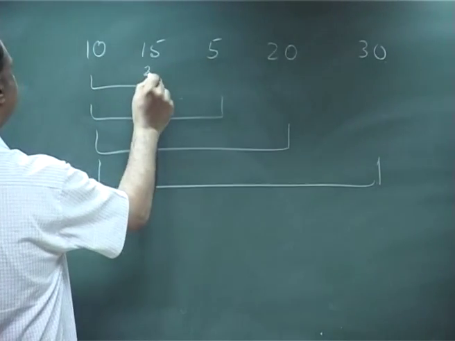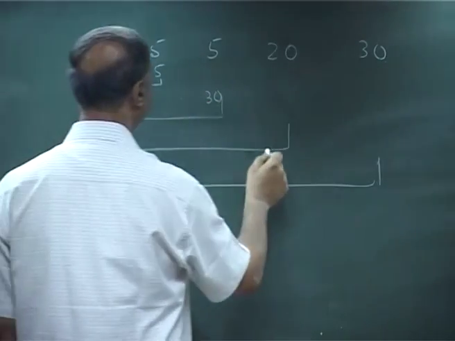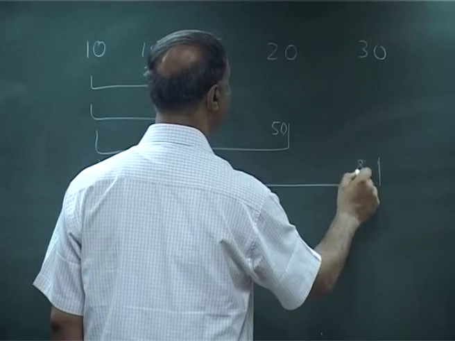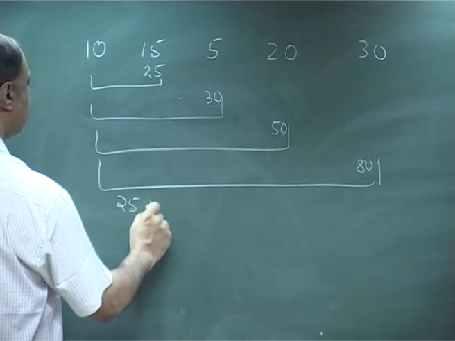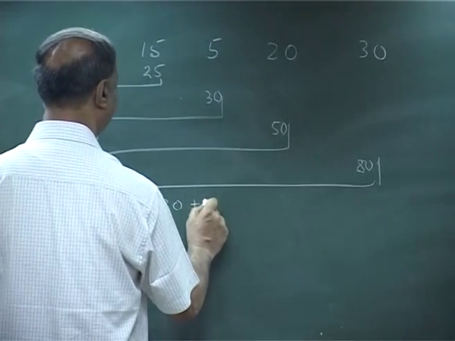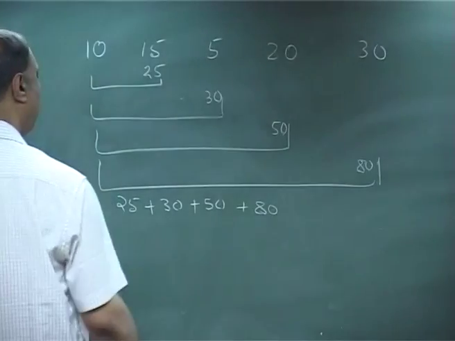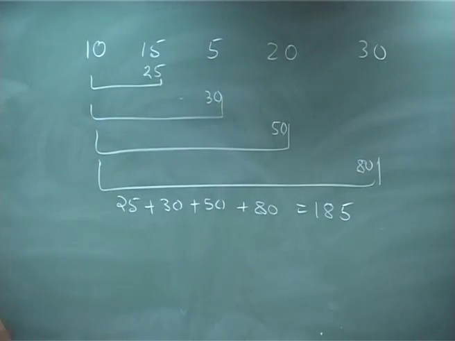In that case, here 25 record movements, here 30, here 50, and here 80 more record movements. The total becomes 25 plus 30 plus 50 plus 80, so you get 185 record movements.